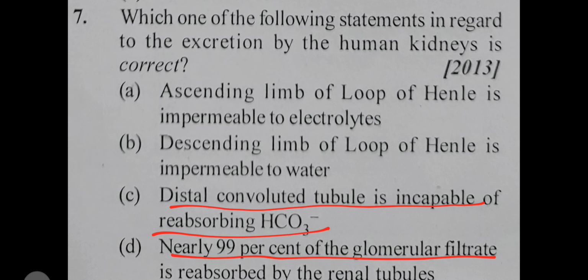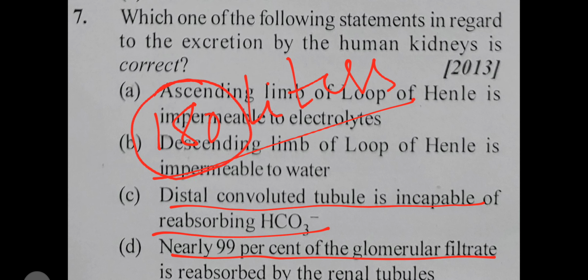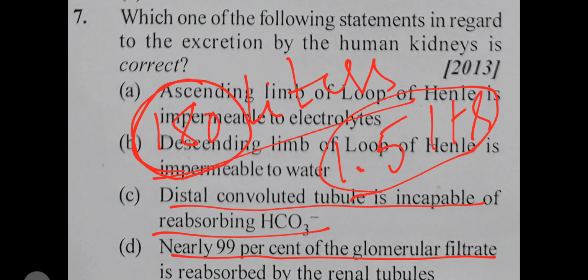The total filtrate in a healthy person per day is about 180 liters. It was in the theory class; you should recall this: 180 liters is the total amount of filtrate formed by the kidney per day. Out of this 180 liters, only approximately 1.5 liters will be excreted out of the body.